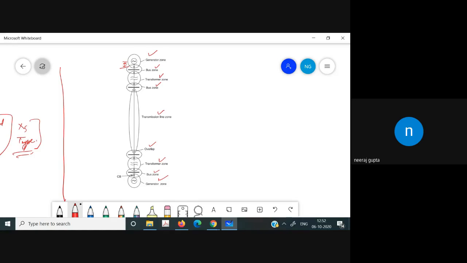Now, one point for the relay engineer, for the protection engineer, is that if the fault occurs within the overlap zone, then the minimum number of circuit breakers will trip.